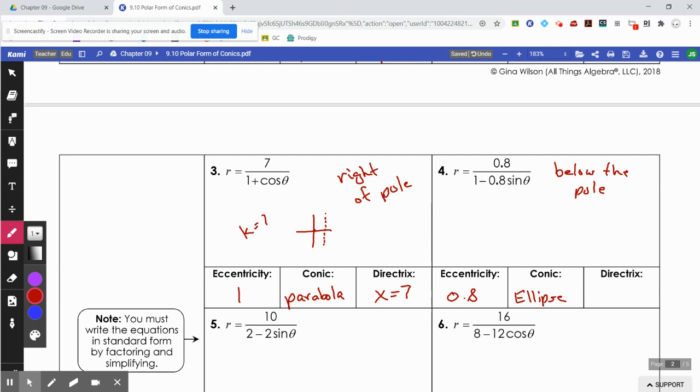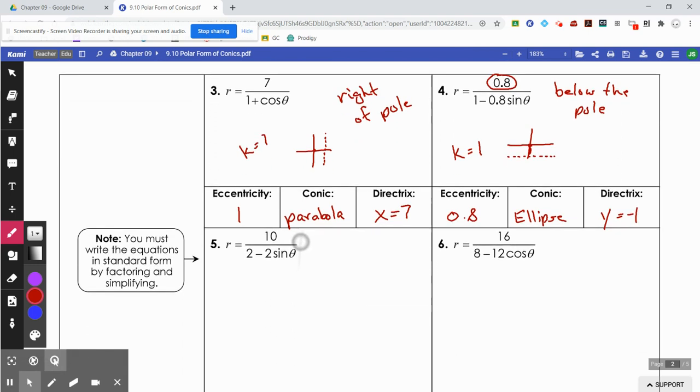You can look at the top to figure out what your k value is. Again, the top is going to be k times your eccentricity, so therefore that means my k value has to be 1. And since that directrix is going to be located below the pole and it's going to have a k value of 1, that distance right here is 1, that's going to be y equals negative 1 is going to be my directrix.